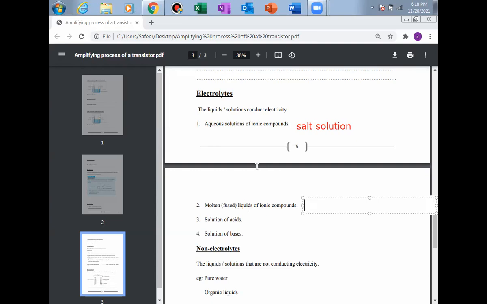Salt solution and melted salts are different. Molten salt means pure salt melted by heat. Salt solution means salt is mixed in water. Both are different.